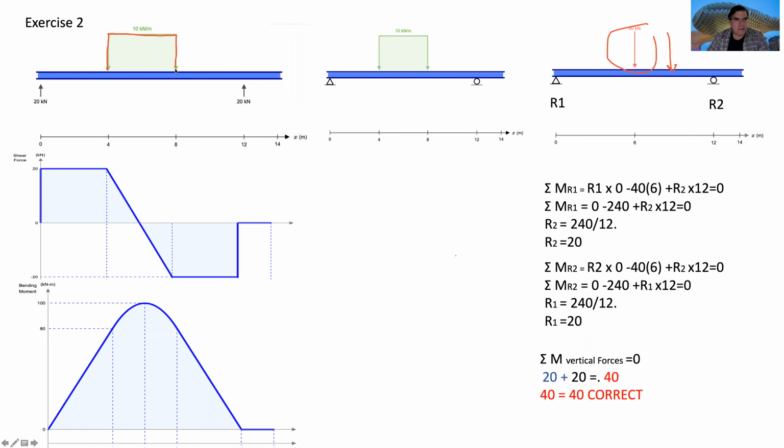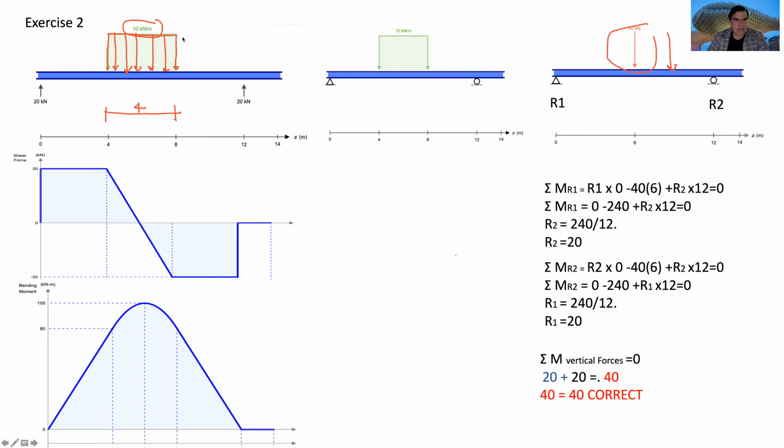Think about this distributed force like a series of arrows that are acting on a surface that has a length of 4 units, from 4 to 8. And this force is 10 kilonewtons per meter.